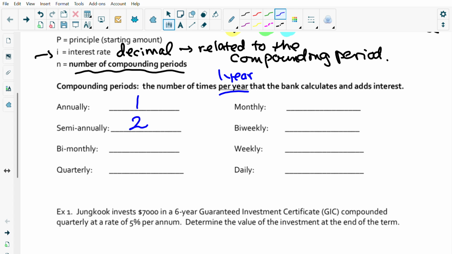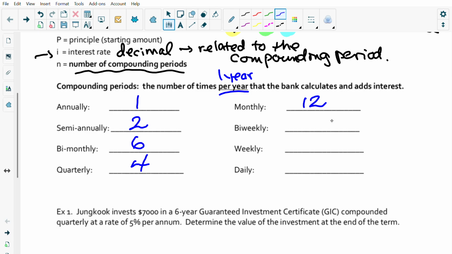Bi-monthly means every 2 months, right? There are 6 two-month periods in 1 year, so that is 6 bi-monthly periods in 1 year. Quarterly, 4 times. Monthly, 12 times in 1 year.